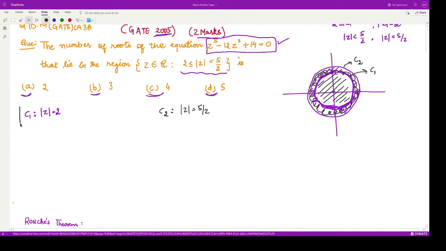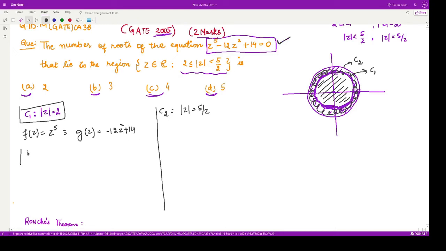For this, firstly we'll assume f of z to be z raised to power 5. Now this is your choice. You can choose f of z and g of z accordingly, and you can just try and see the number of roots you obtain. In my case I am assuming f of z to be z raised to power 5 and g of z to be this one, so that when you add these two you obtain this particular polynomial again.